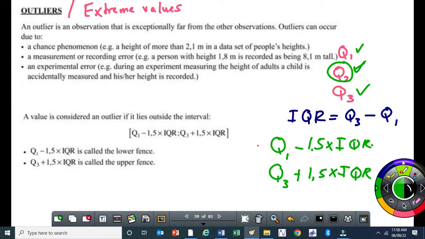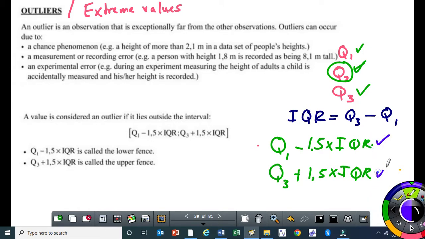This will be the lower limit, that will be the upper limit. Then you identify within your data set if there are any values outside, that is less than the lower limit or more than the upper limit. Then you can say the value is an outlier. You don't do it by inspection. You have to do that test.